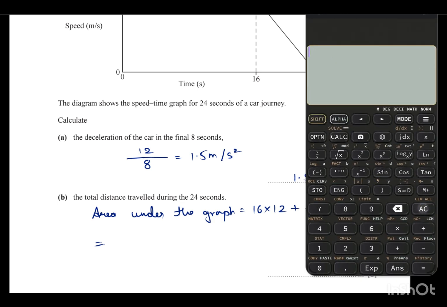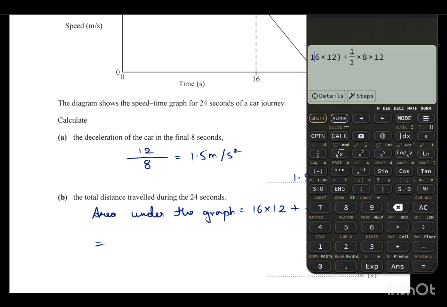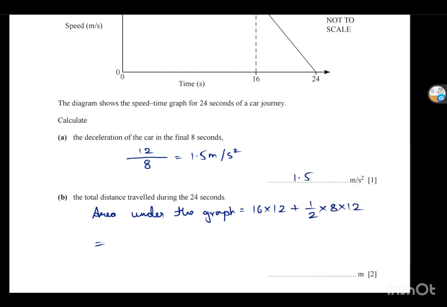Apply this in the calculator: 16 into 12 plus half into 8 into 12. Let me make sure by putting brackets. Okay, 240. So it is 240 meters.